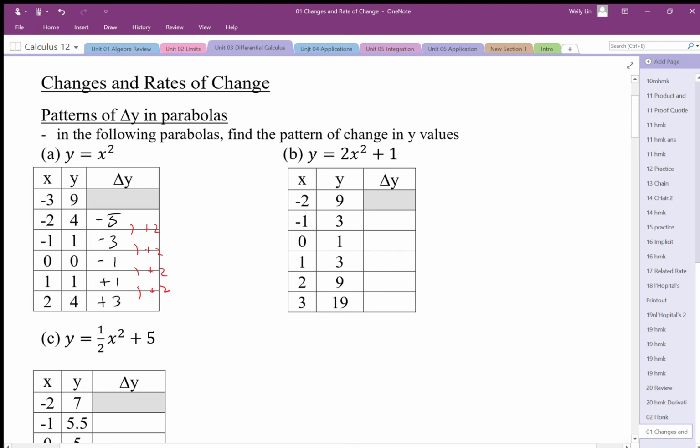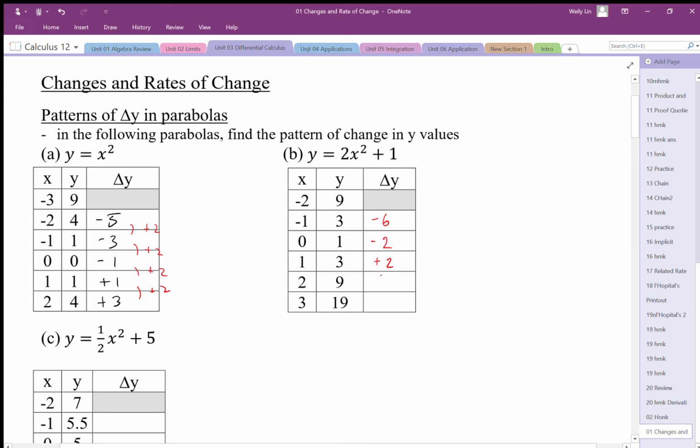Let's take a look at these other ones and see if this pattern exists in general. This one is 2x squared plus 1. I've given you a table of values, and we're going to look at again the changes in y. From 9 to 3, we have a minus 6 change. From 3 to 1, we have a minus 2 change. From 1 to 3, we have a plus 2 change.